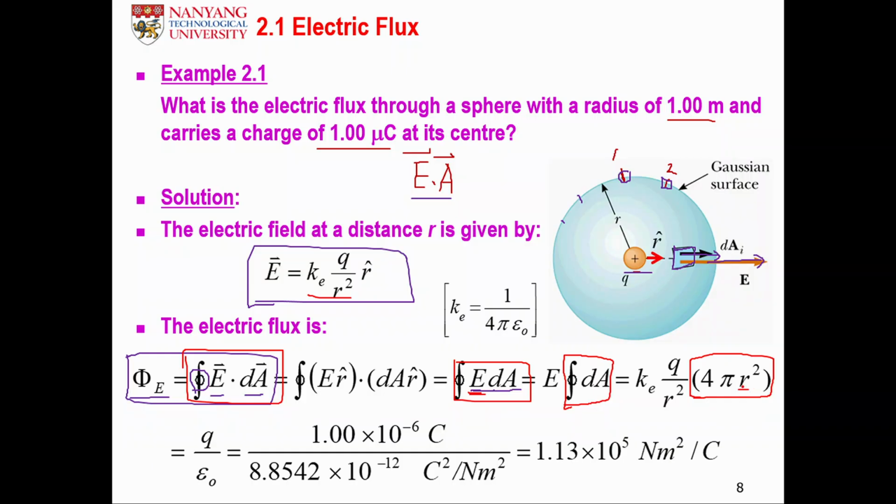Then you can see the r squared cancels. What you have is Ke times 4 pi. You can write it in terms of 1 over epsilon naught, another constant. So you can see it just equals Q times this constant.